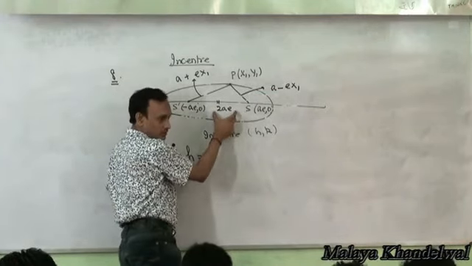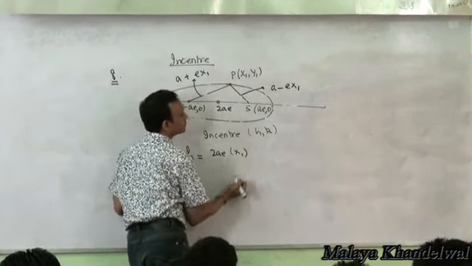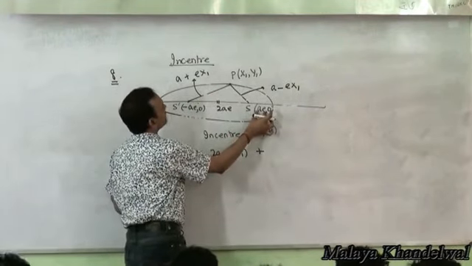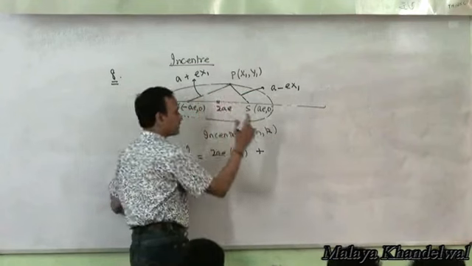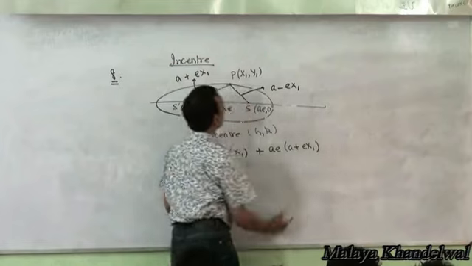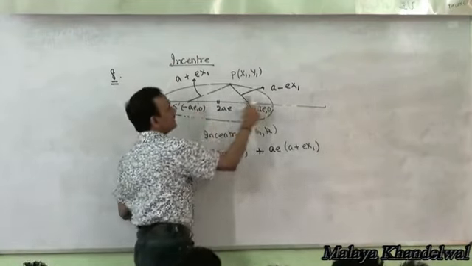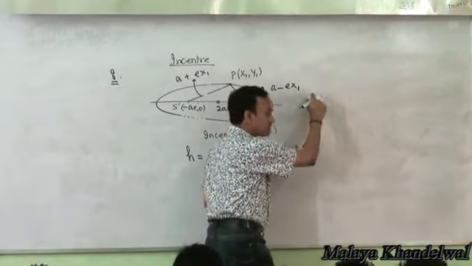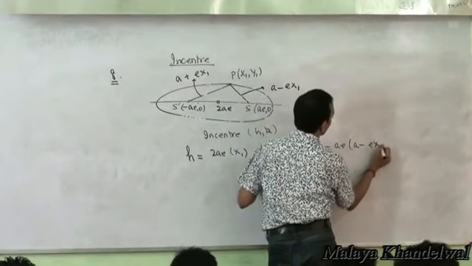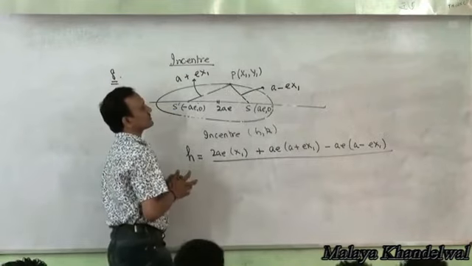x1 into 2ae plus a plus ex1 into ae plus a minus ex1 into minus ae, divided by a plus b plus c, the sum of the lengths of the sides.